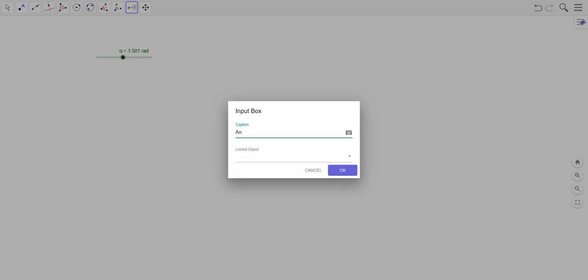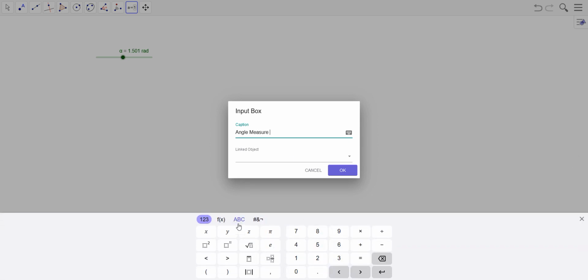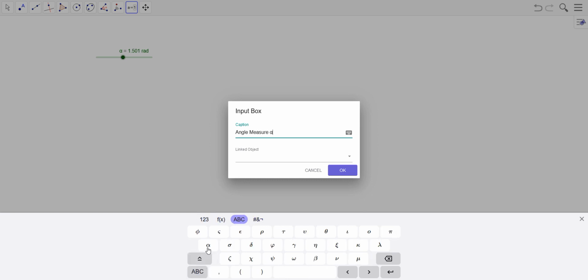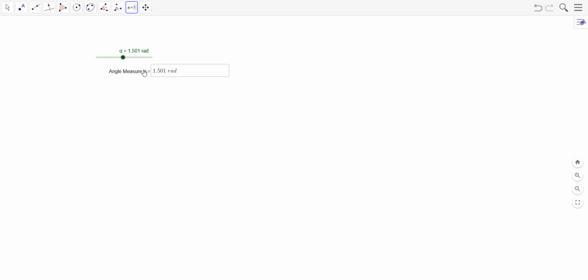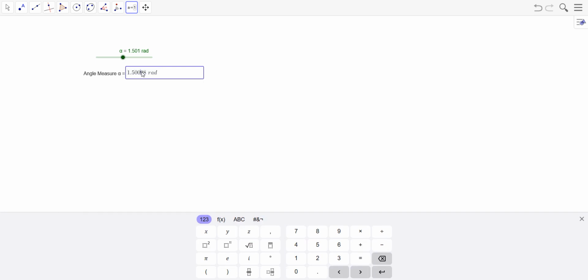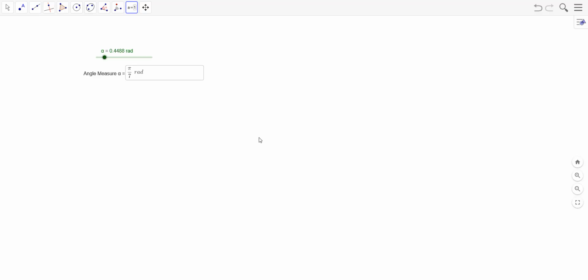So this would be angle measure. Alpha equals, that's the caption, and link it to alpha. So now if I want to just type in a specific value like pi over 7, it will do it and give us the decimal here. Or I can adjust it there.